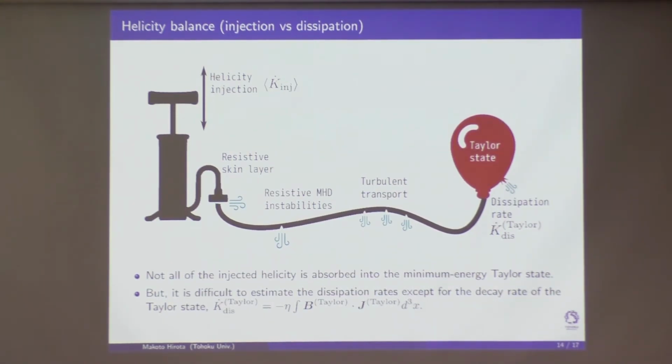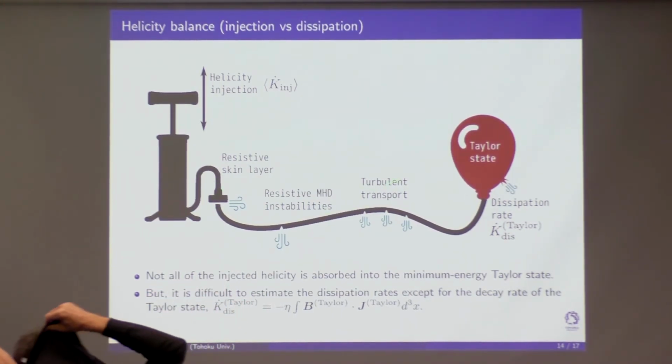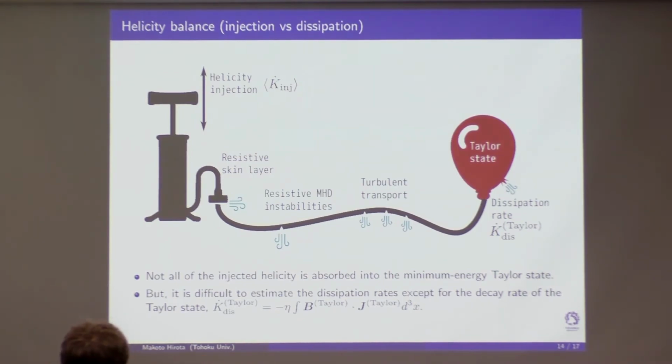So we already know the helicity injection rate on the time average. However, not all of this injected helicity is absorbed into the Taylor state. Because of the existence of the resistive skin layer and many so-called magnetic reconnection processes, there are many mechanisms which dissipate the magnetic helicity.